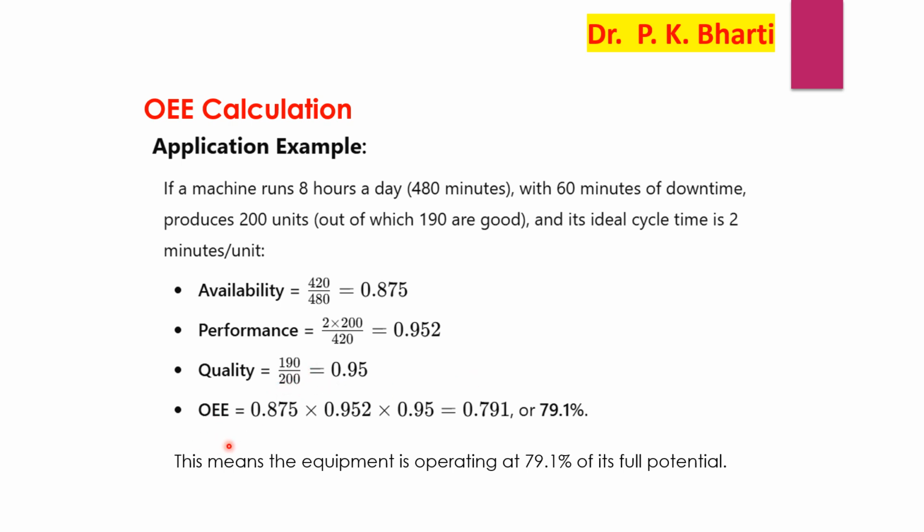And OEE for this example will be availability into performance into quality, that is 0.791, or in percentage we can say it 79.1%. This means the equipment is operating at 79.1% of its full potential.